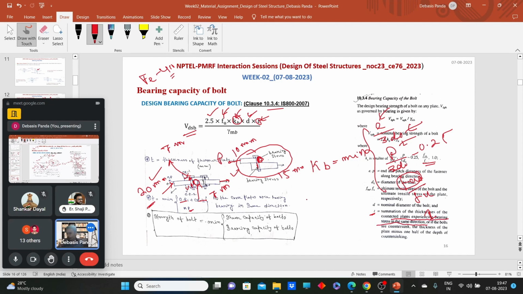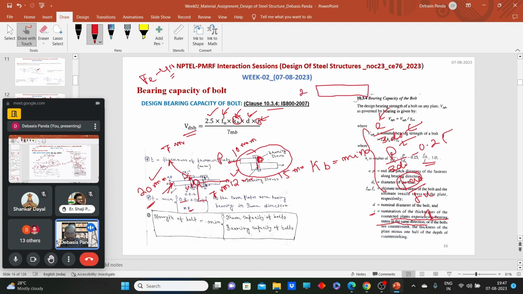Okay. Now one more case I will give you. We have the same connection: a 20 mm main plate on one side, and on the other side, say, a 12 mm main plate with some packing plate. Tell me what will be the T? Let me draw it quickly.